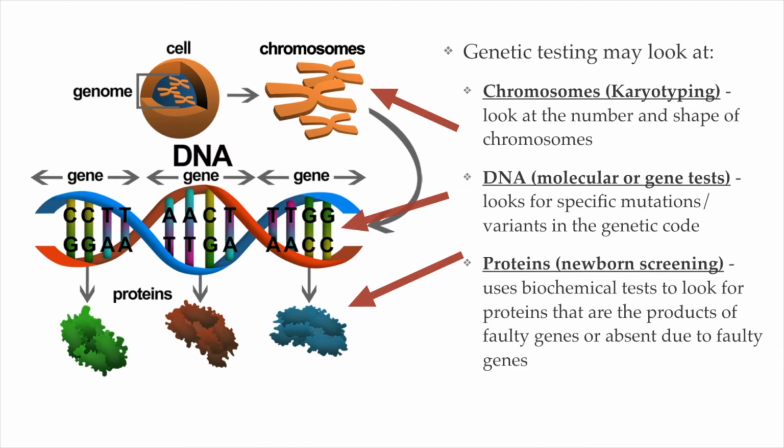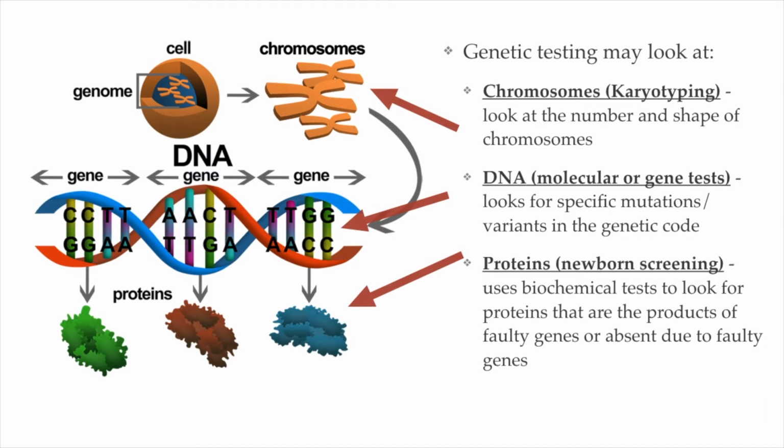The analogy here would be like this. Instead of looking for just the recipe, we can look at our library of recipe books, and you can count the recipe books. You can make sure that there are no missing recipe books, that there are no extra recipe books, that maybe some of them are not missing entire sections of the recipe book. When we take a look at the DNA or molecular or gene test, it's like we're looking at the recipe itself and we're checking for typos. We're checking for mistakes.